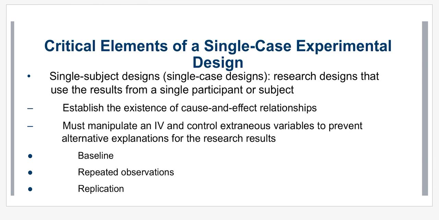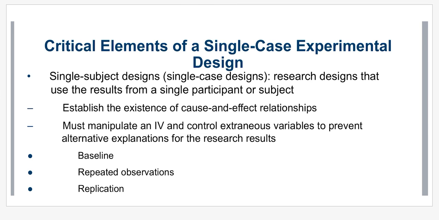Examples of this would be in a clinical setting. If you wanted to see if a specific treatment worked, like there's data to support that this specific treatment has a cause and effect relationship, that it causes changes in their symptoms or their behavior, you would apply that to your single patient and follow this design that we're going to discuss, and see if the treatment actually causes a change in their behavior or their symptoms.